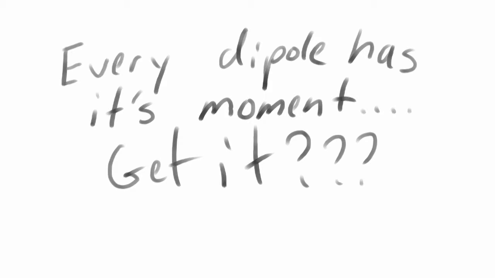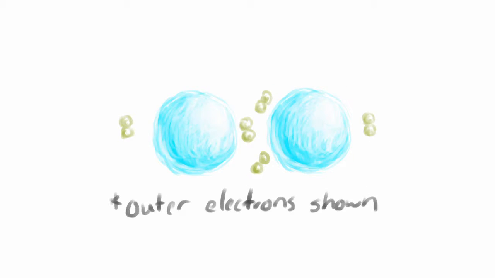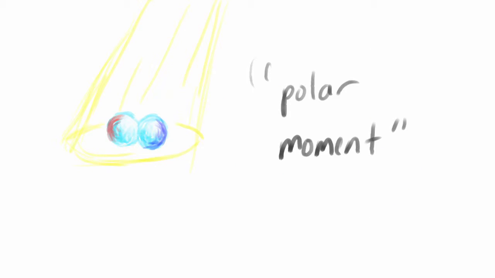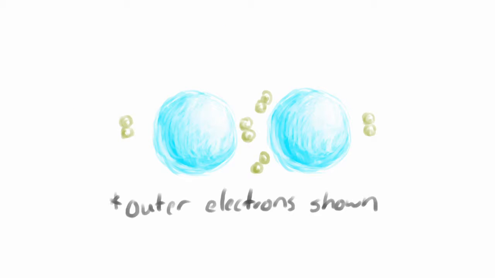This is caused by the random movement of its electrons. Sometimes its electrons just happen to be concentrated on one side, meaning that that side would have a very slight negative charge, while the other side has a slight positive charge, making that molecule polar in that moment. This is obviously temporary, as electrons change where they are.